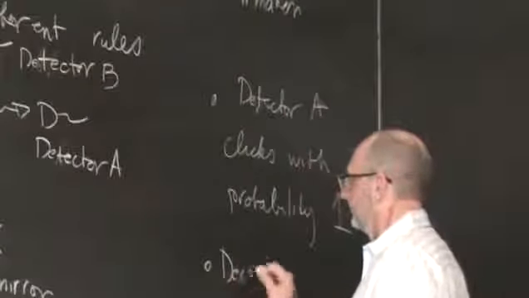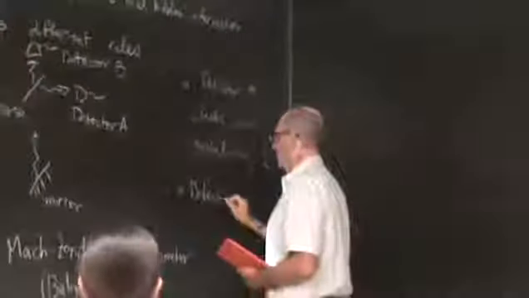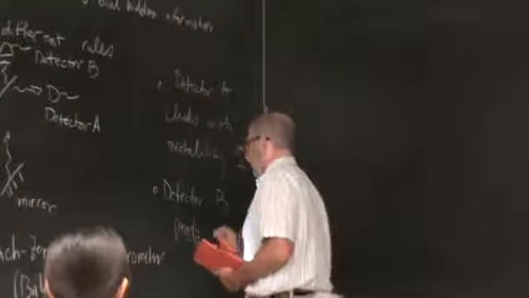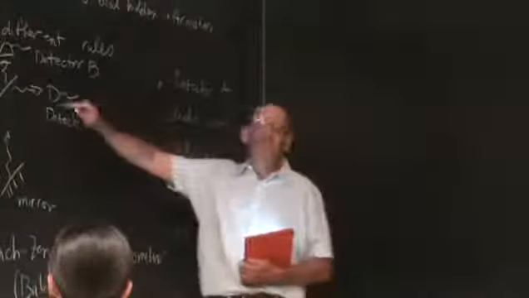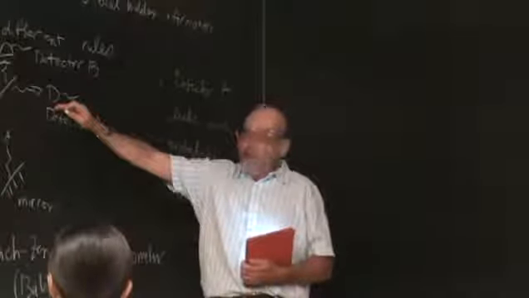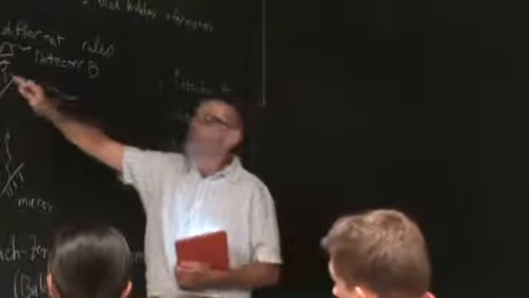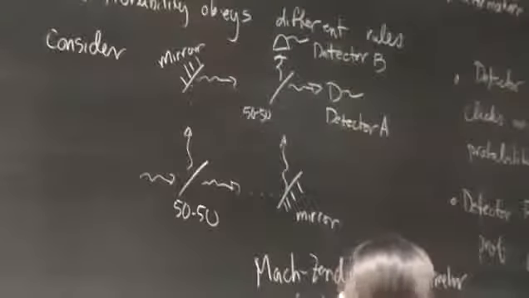Detector B, probability 0. Detector A always goes click. Every single time. B never receives a photon. How in the world is that possible?